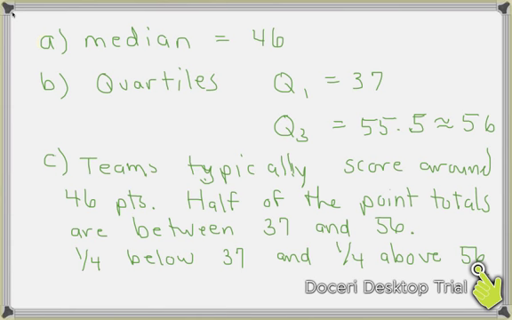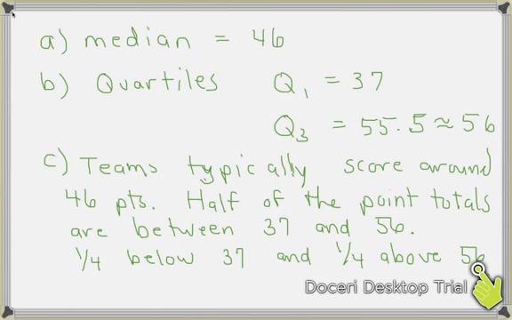Right off the calculator, we got the median to be 46. Right off the calculator for the B part, we can get our quartiles. It said quartile 1 was 37. Quartile 3 was 55.5, which I'm just going to round to 56.